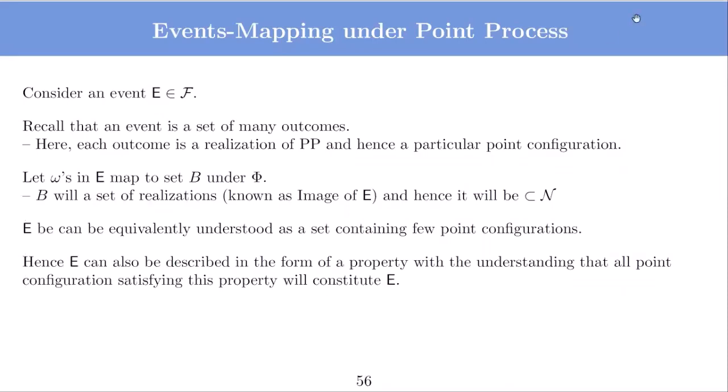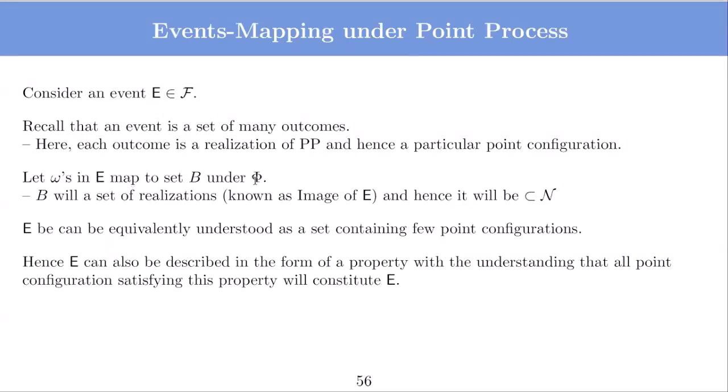So what will be the mapping under this point process? What will be an event? Remember, an event is an element of the sigma algebra, a set of many outcomes. Each outcome is a realization of the point process, hence a particular point configuration. So an event is just a bunch of point configurations. If omega is in E, it maps to a set B under phi.